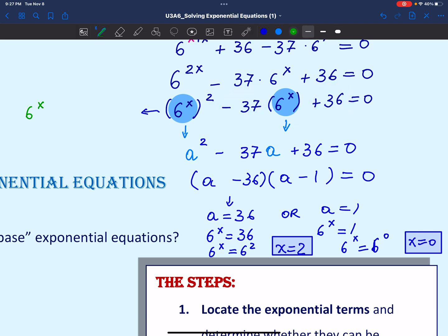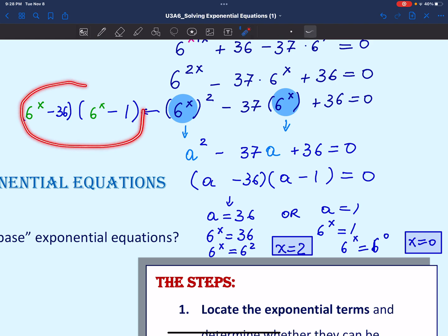So you know that you are dealing here with 6 to the power of x. So that would be the first term in each factor, and then you have to find two numbers that multiply to positive 36 and add to negative 37, which are negative 36 and negative 1, and you can solve from here. And eventually I would prefer that we lean more towards this format.